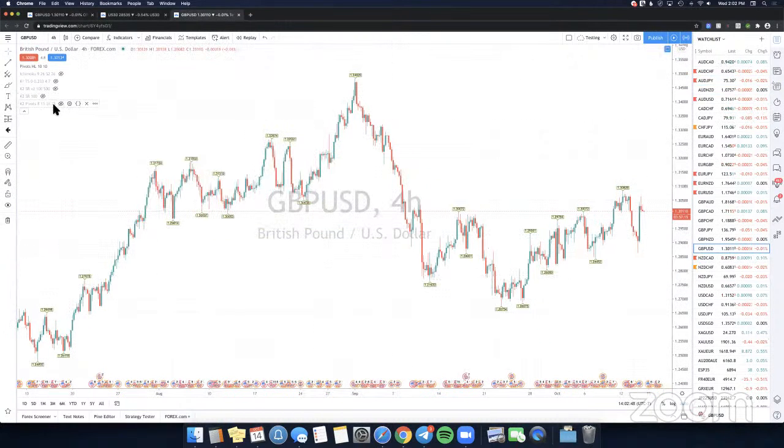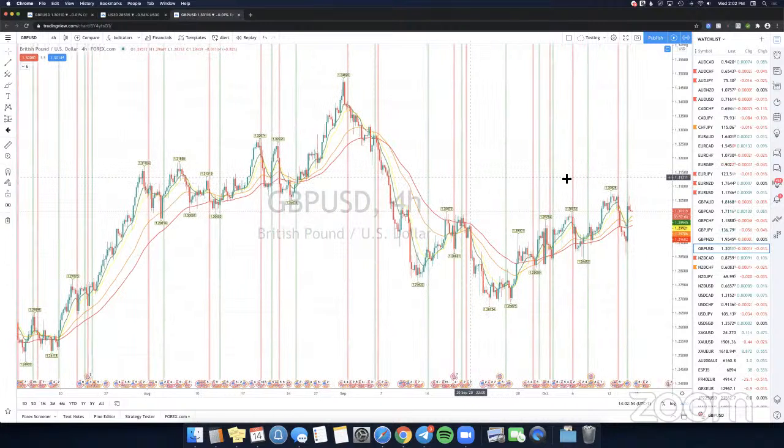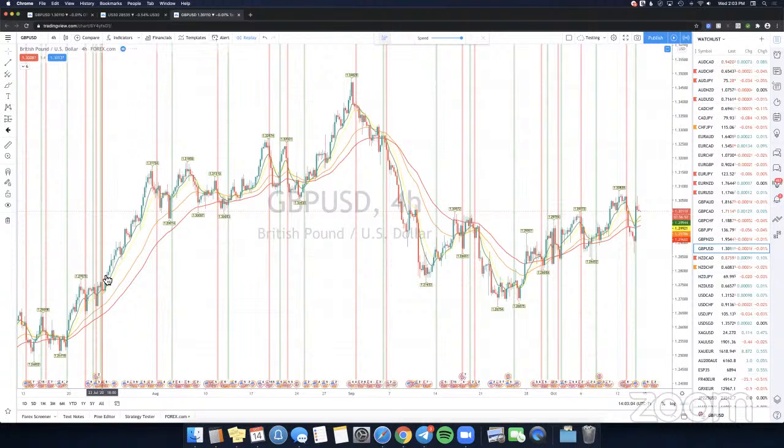Perfect. So here's GU. Let's run the K2 pivots, and then I will turn on the momentum indicator right here. I'm just looking for some clean entries. So we can start over here. There's some really clean entries right here.